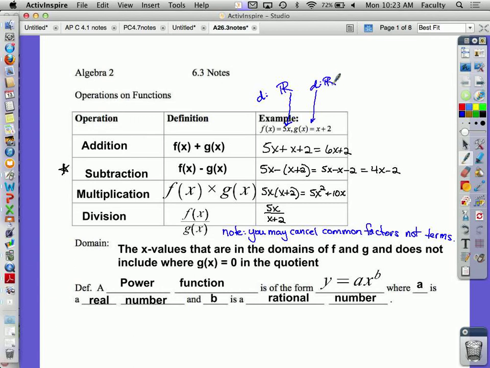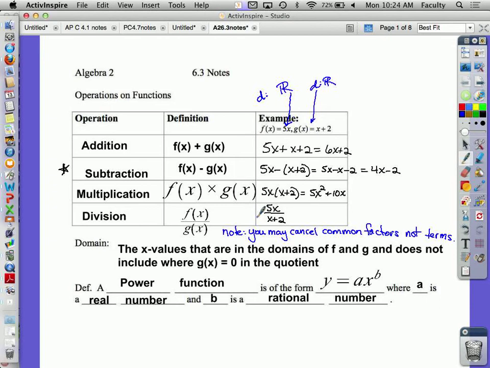Those are oblique or slanted lines. And so then the sum is all real numbers, the difference is all real numbers, the product is all real numbers, but when you're dealing with a fraction, look at 5x over x plus 2.